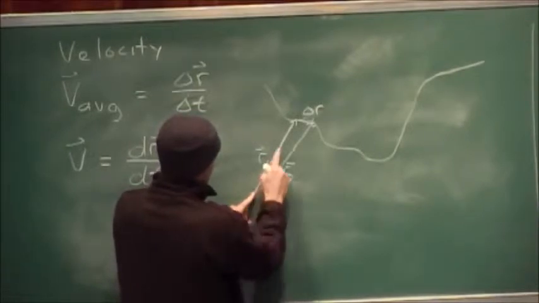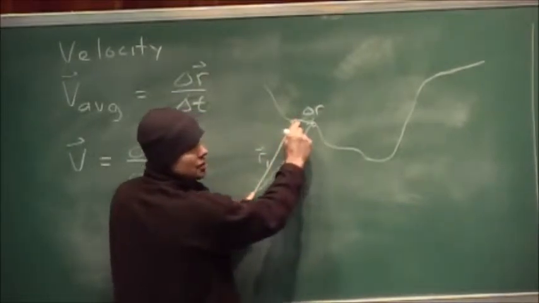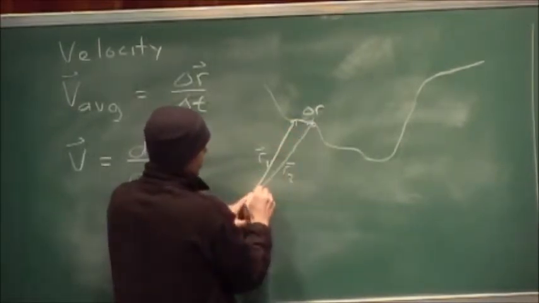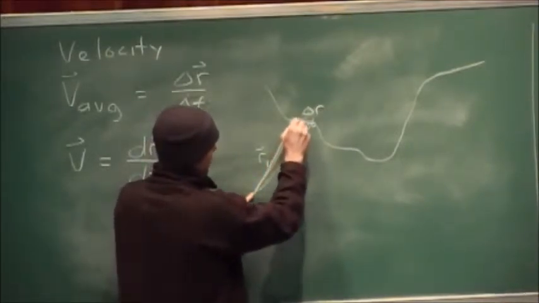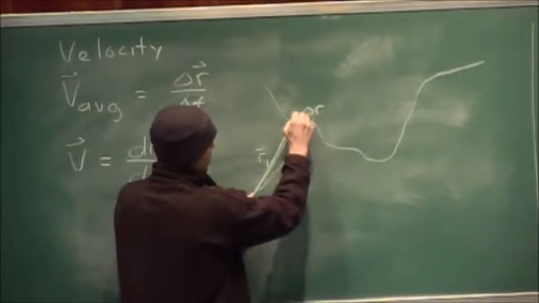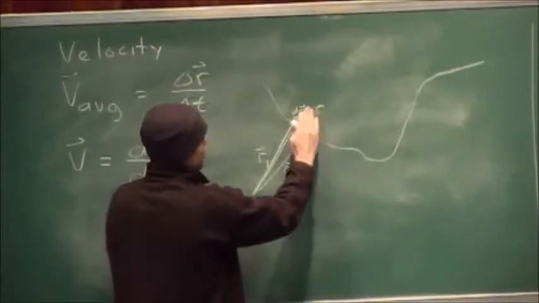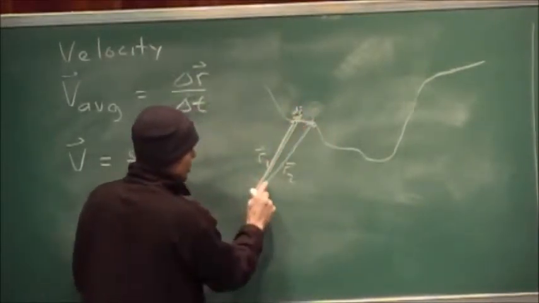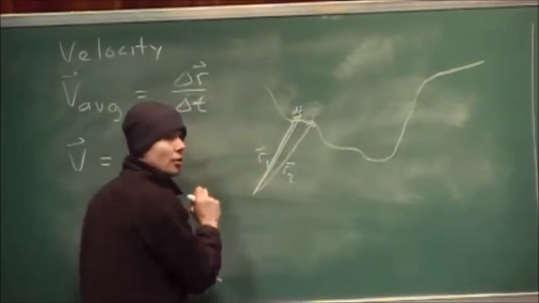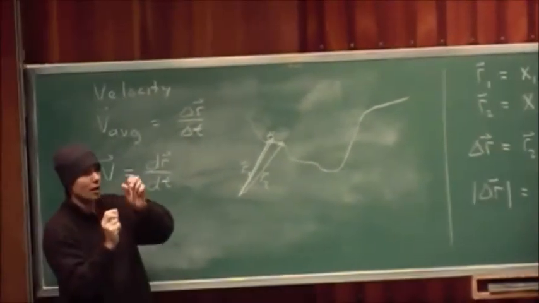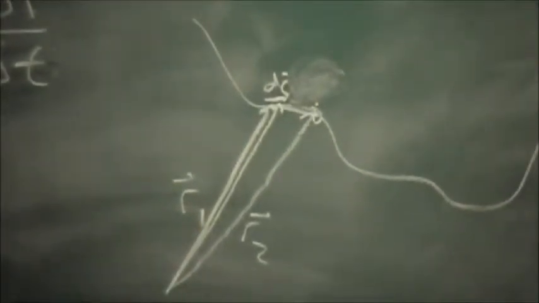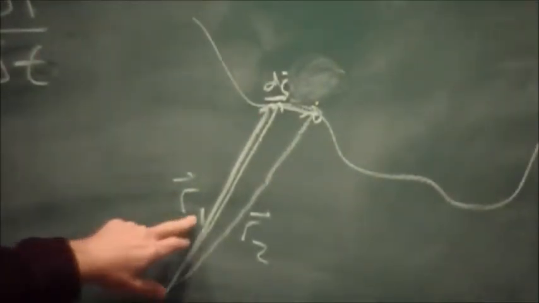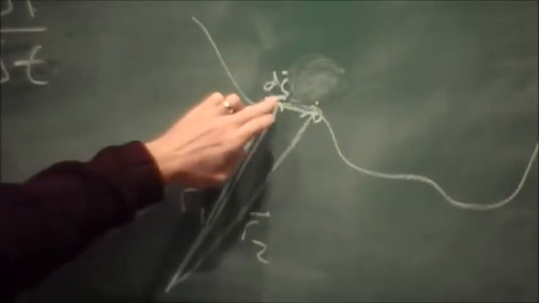And so if I take R2 to be some very close time interval a little bit later, it's just hard for me to draw this up on the board. But if I have R2 coming up like this, then dr is that little tiny vector associated with going from R1 to R2. What I've assumed is that the time interval is extremely short, so that I'm really looking at an instantaneous velocity.